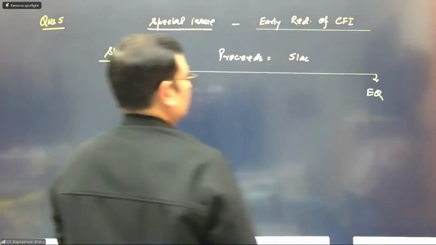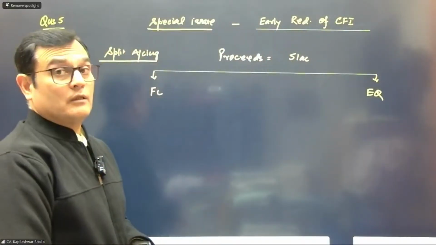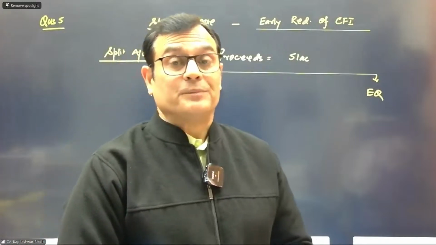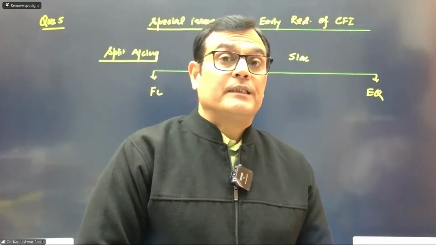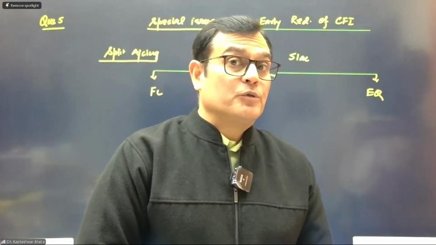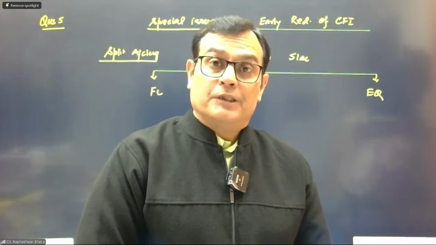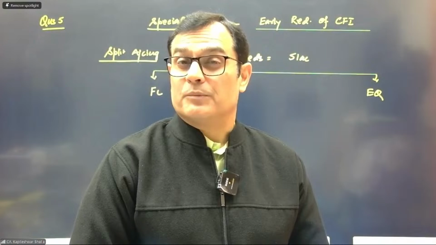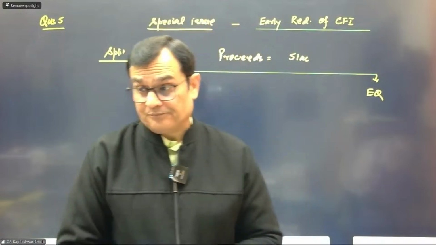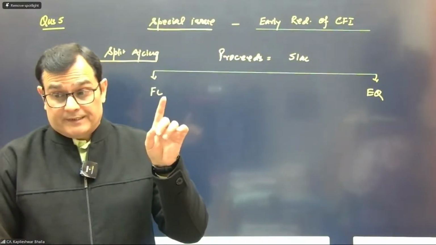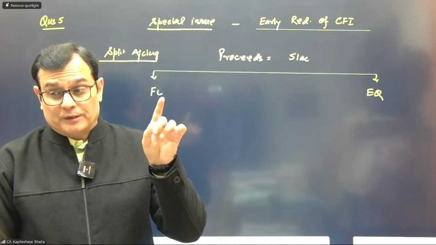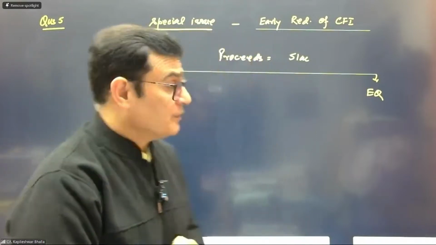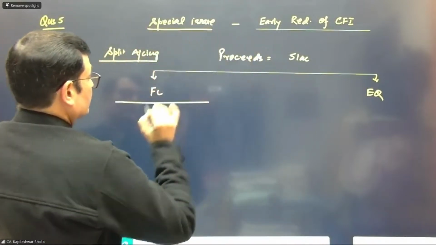So in terms of FL, now this is supposed to be what? An optionally convertible instrument. If it is an optionally convertible instrument, are you going to consider in the FL only the interest, or are you going to consider interest and the entire principal as well? What do you say? Optionally convertible: both interest and the entire principal. So we're going to consider both of them.